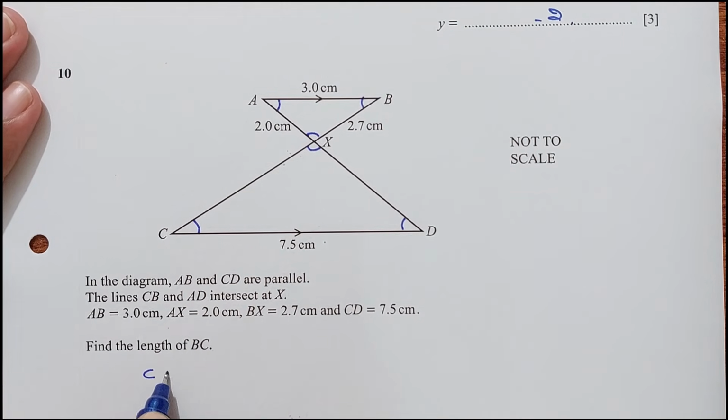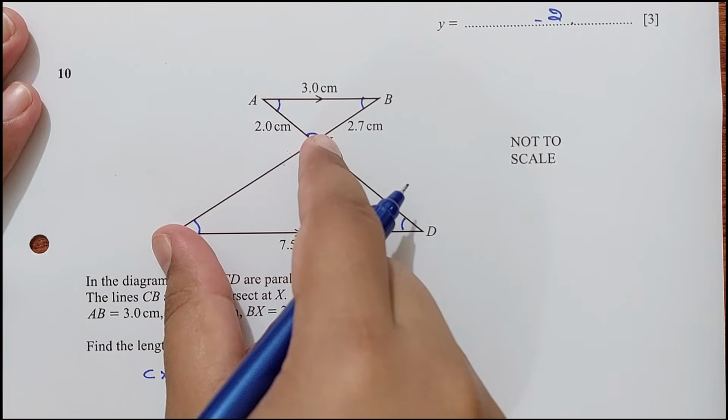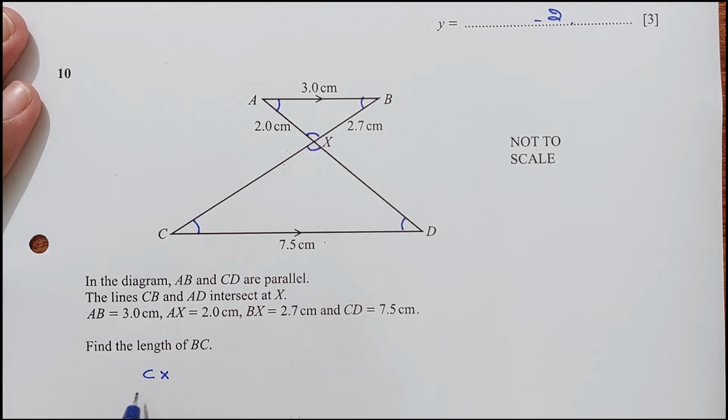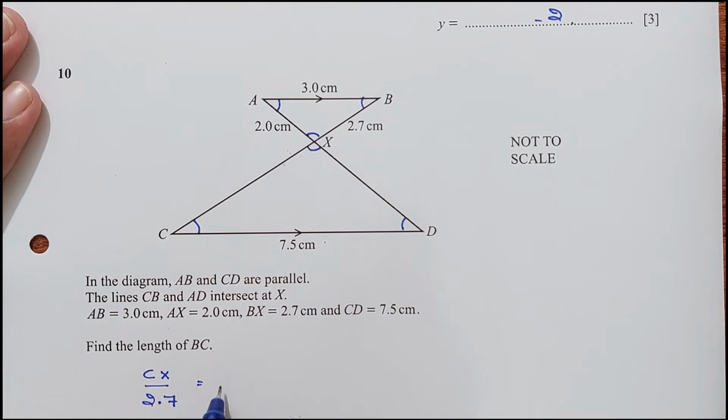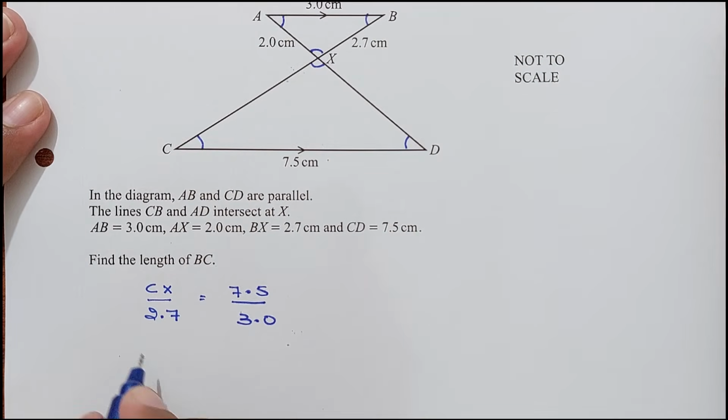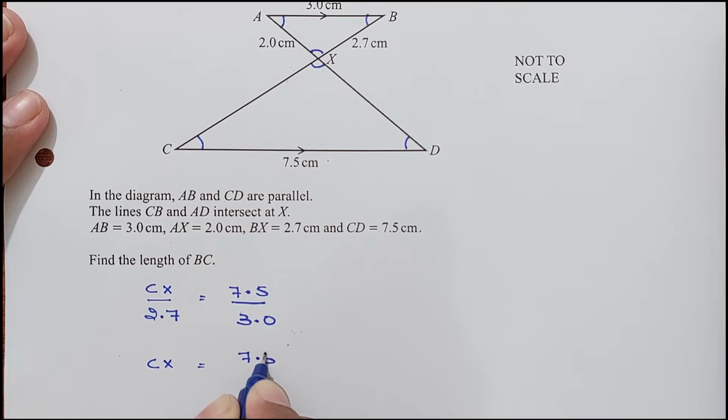So if I take CX in this triangle, the other corresponding side is BX, which is 2.7, this would be equal to AB over CD, the bigger one, 7.5, over the smaller one, which is 3.0. Now first we have to solve for CX, which is 7.5 divided by 3 times 2.7.